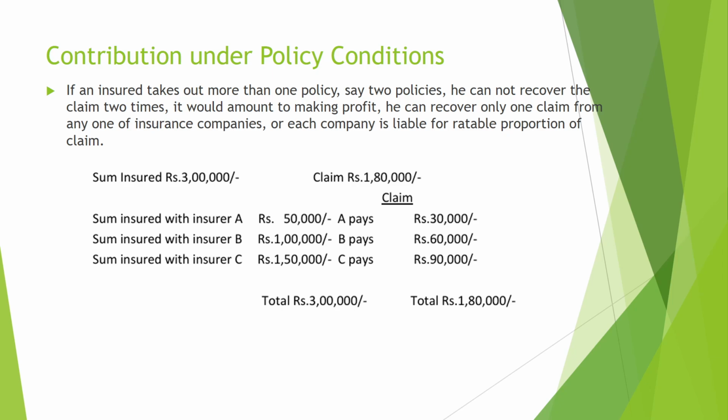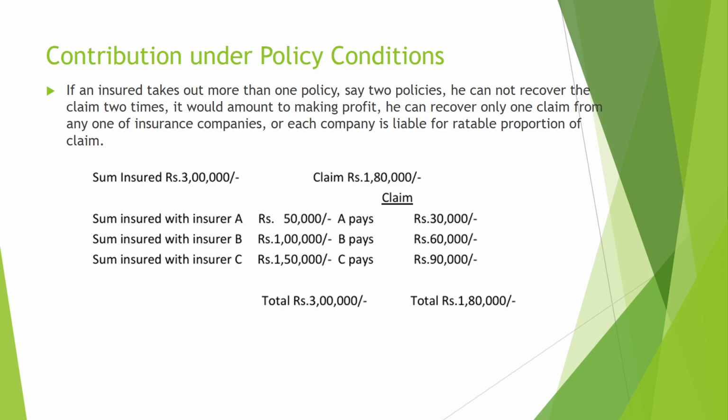Okay, so how is it? Here is one example I have made. Sum insured is rupees 3 lakh, and the claim is 1,80,000. Sum insured with insurer A is 50,000. A pays 30,000.